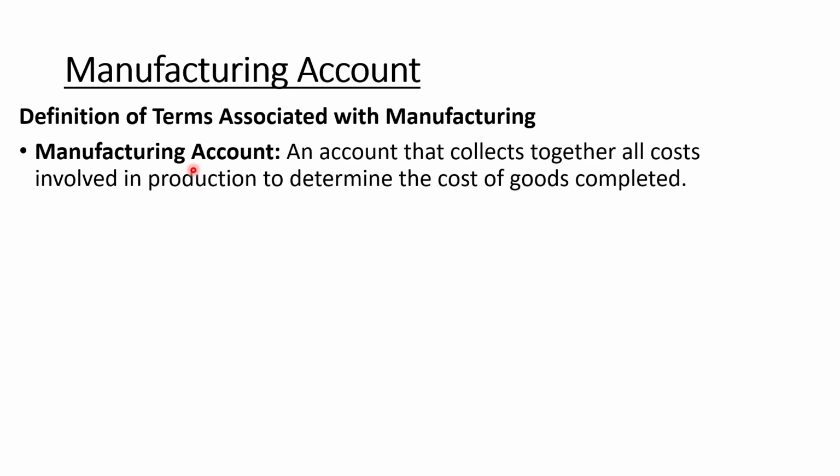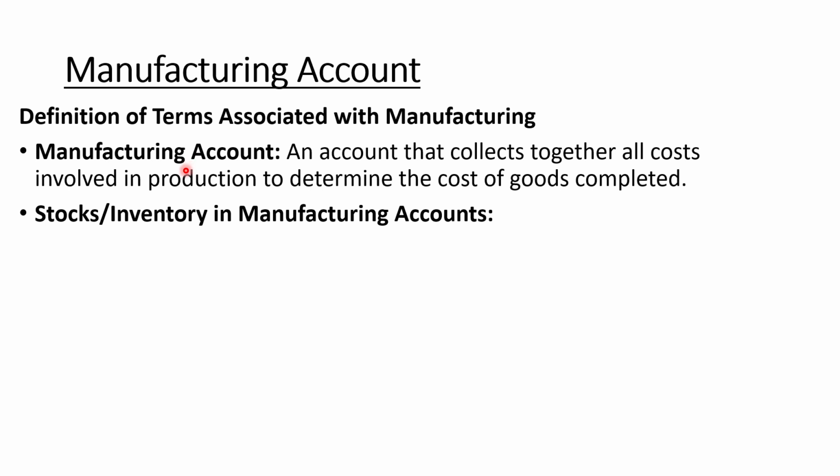As they are making things, there should be an account that tracks how much has been produced and what is the cost of what has been made. That's the whole point of the manufacturing account.